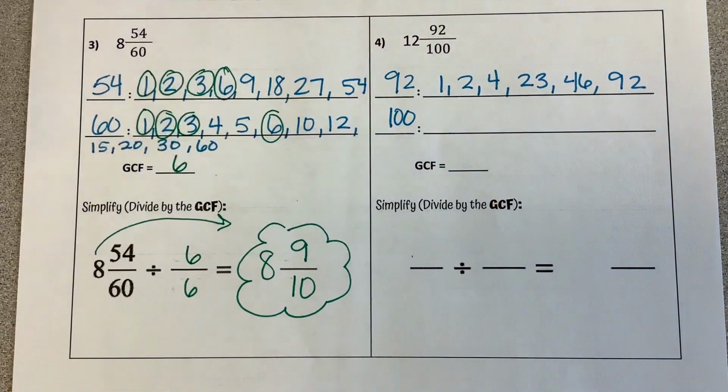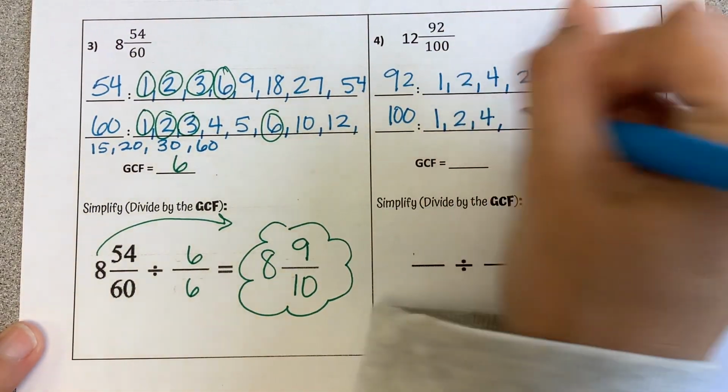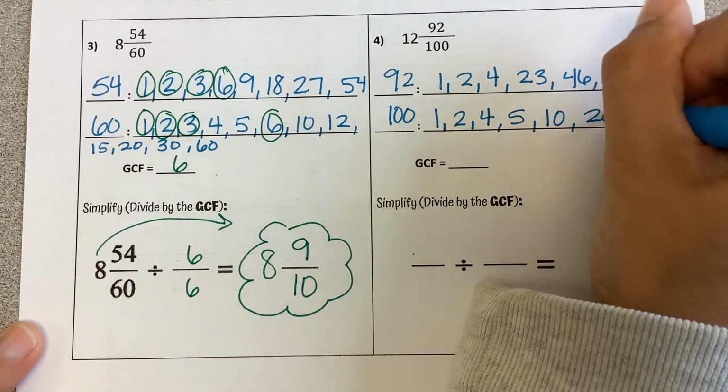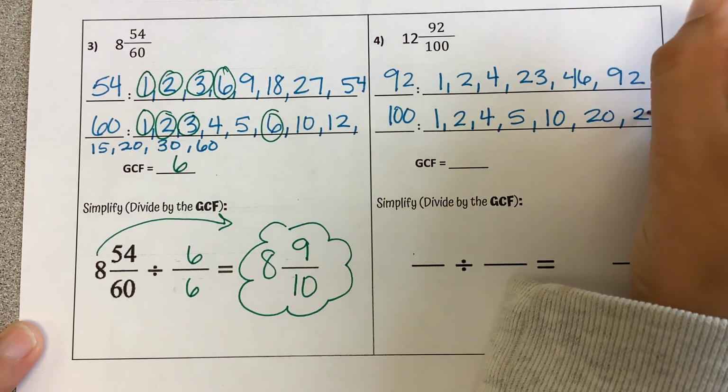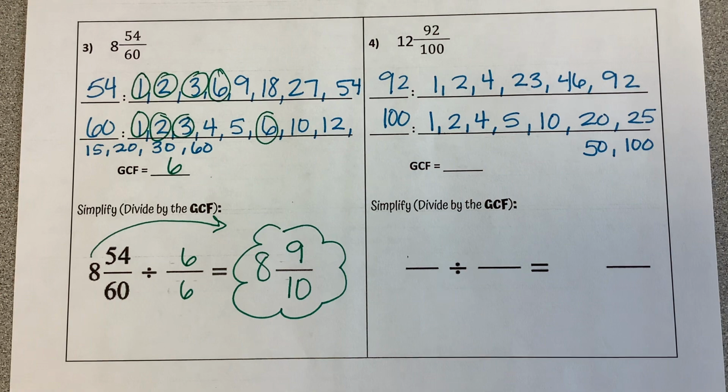Same thing for 100. Finding those factors, listing them out. 1, 2, 4, 5, 10, 20, 25, 50, 100.